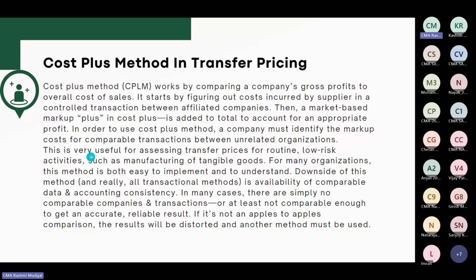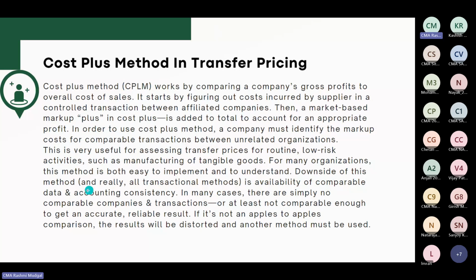There is a low risk activity such as manufacturing of tangible goods. For many organizations, this method is both easy to implement and to understand also. So if it is easy to understand, it will be easy to implement also. We will be able to see that this is my cost of production, make a profit over this.